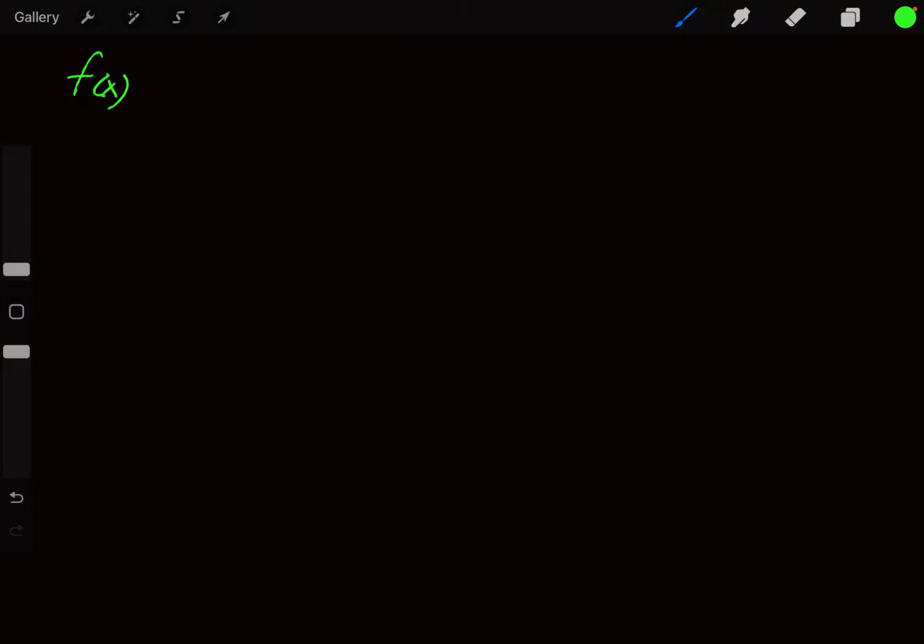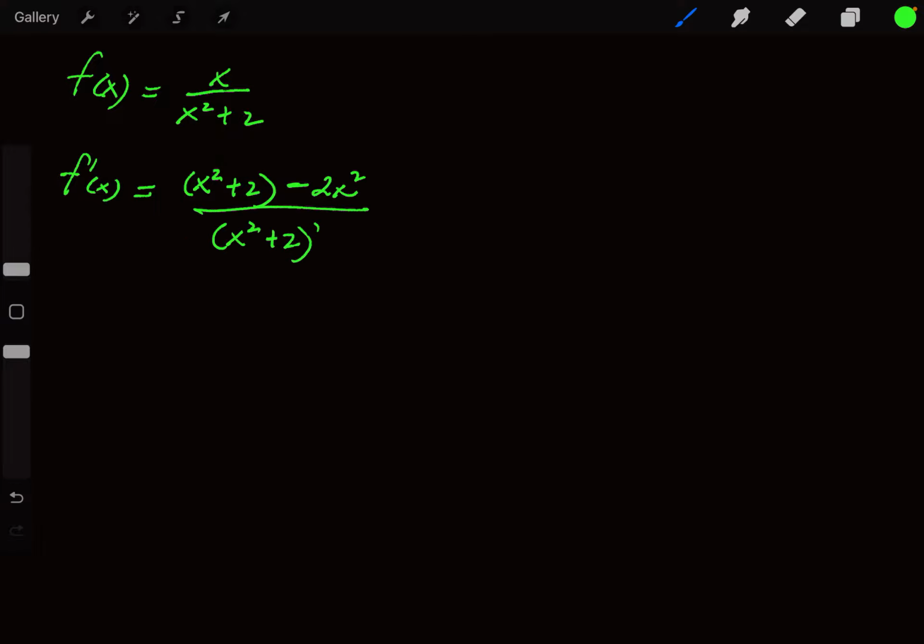So f of x is equal to x over x squared plus 2. And then f prime of x is equal to the derivative of the top, times x squared plus 2, minus the derivative of the bottom times the top, which is that. And then the bottom is squared. This simplifies to negative x squared plus 2 over x squared plus 2 squared.